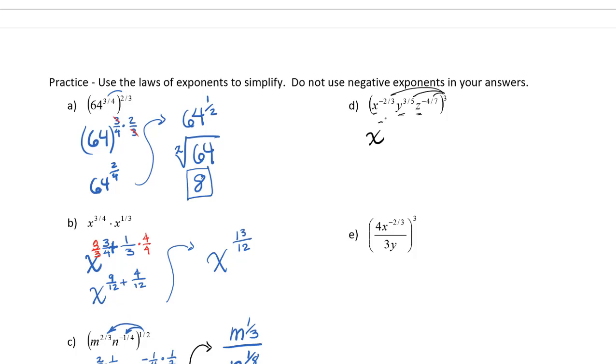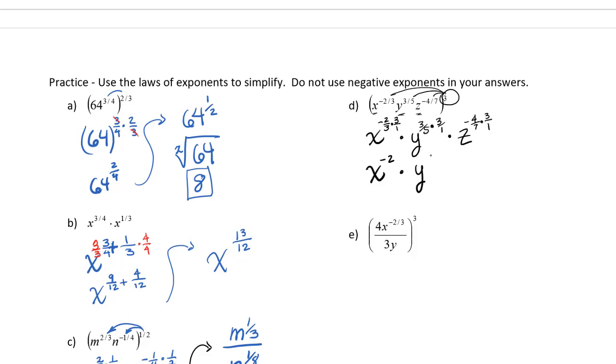So x to the -2/3 multiplied to 3/1 as an exponent, times y to the 3/5 multiplied by 3/1, and z raised to the -4/7 times 3/1.